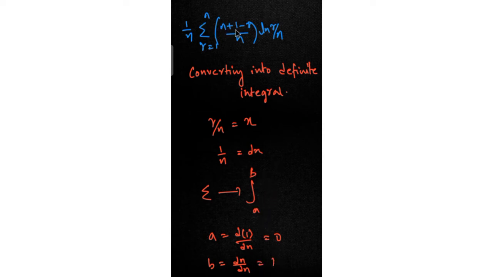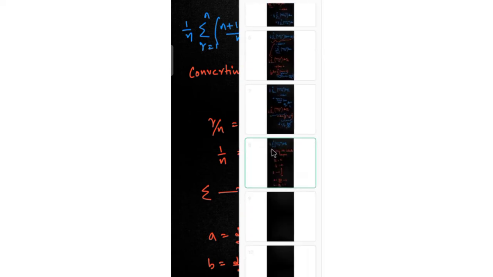And finally, this (n plus 1 minus r) divided by n, ln r by n can be simplified further. That is 1 by n, sigma r equal to 1 to n, of (1 minus r by n plus 1 by n) into ln r by n.